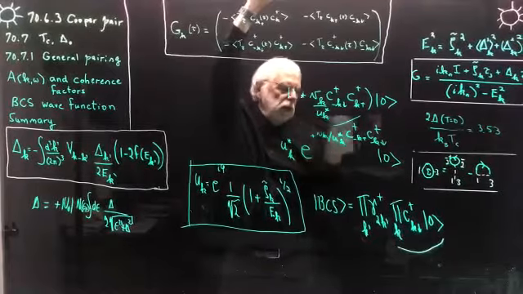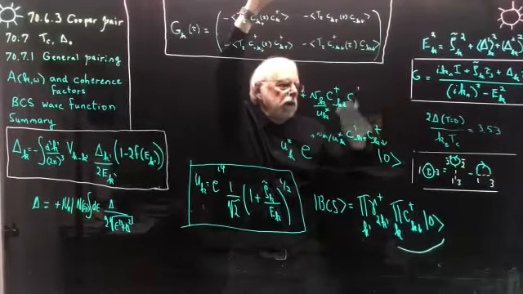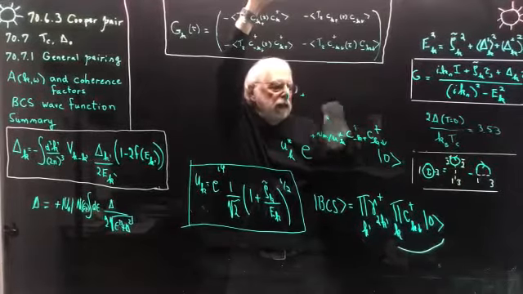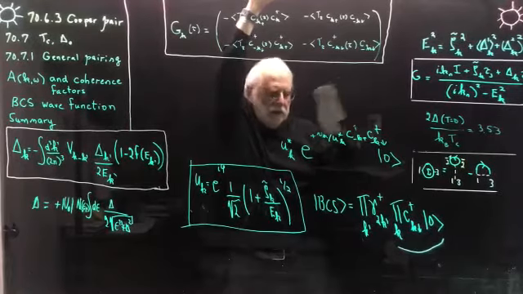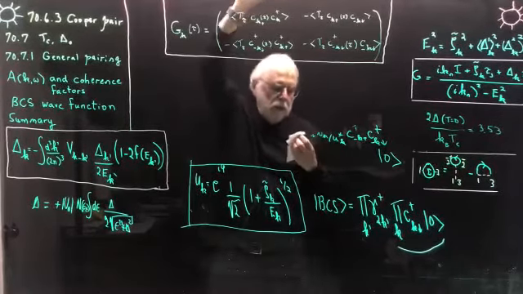So in high temperature superconductors and other unconventional superconductors, what you find is that the pair wave function is not S wave, but it can be, for example, D wave. So how can that come about?